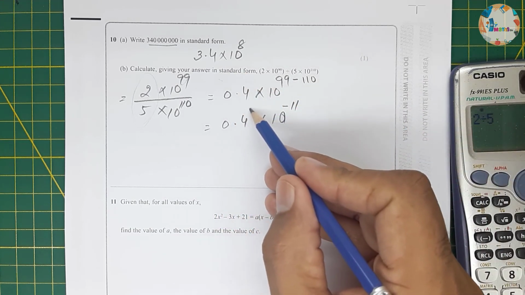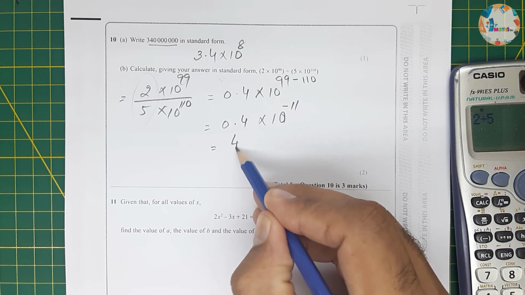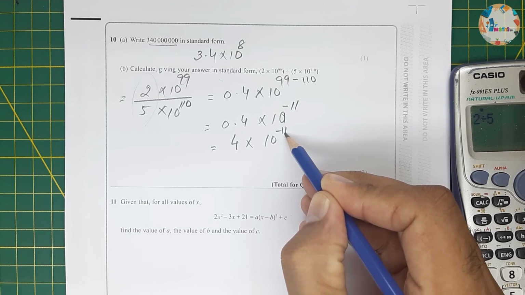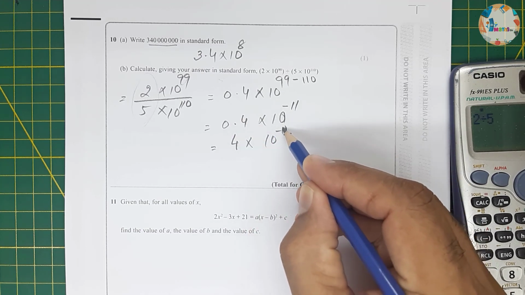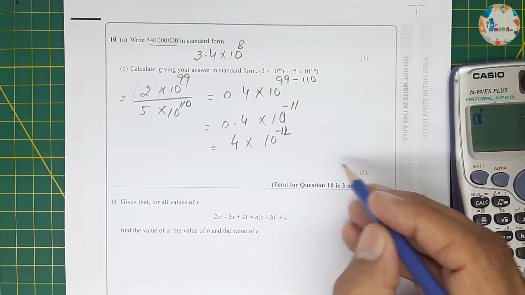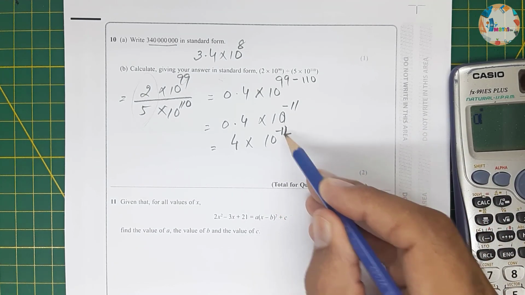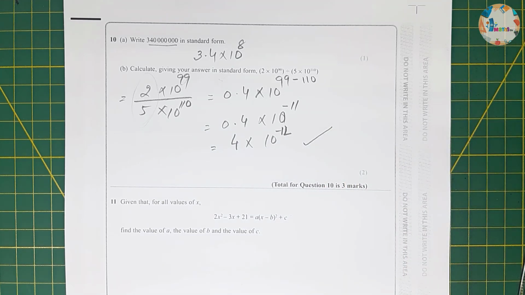So we will shift this decimal to the other side. It will be 4 times 10 raised to the power minus 11, and 1 more for this shifting, so it will be minus 12. So 4 times 10 raised to the power minus 12 will be our final answer. Hopefully you understand this.